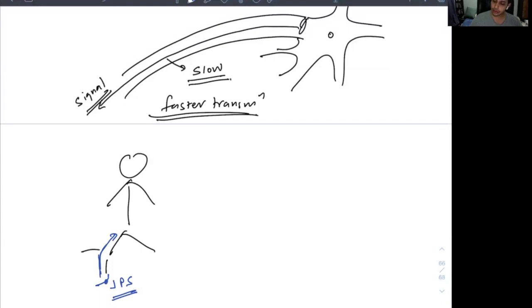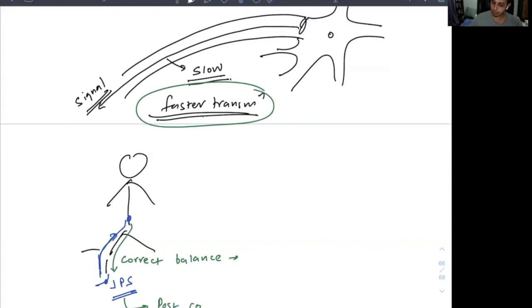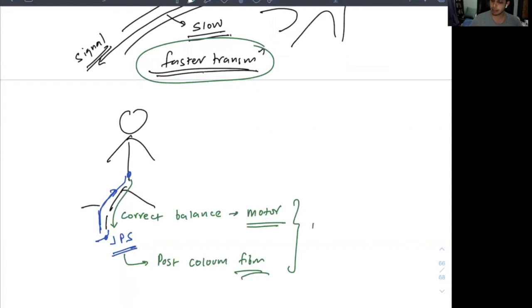You need that sense to quickly come up to your spinal cord, and you need the spinal cord to quickly send a return response back to correct your balance. So both of these things require much faster transmission. So your posterior column fibers and your motor fibers both require faster transmission. So this is why both of them have something called myelin.